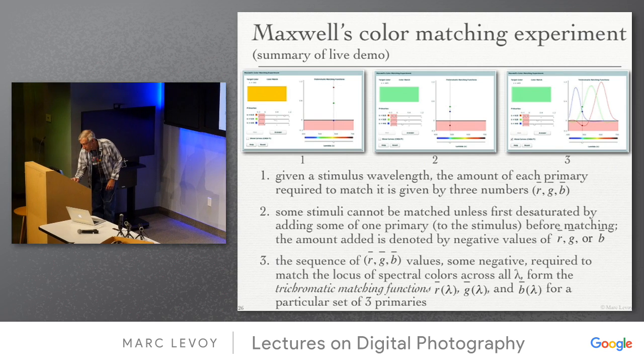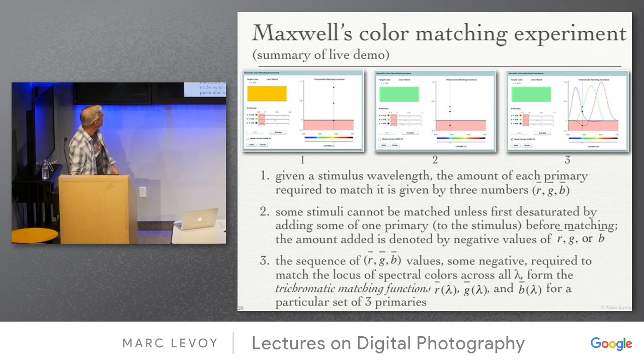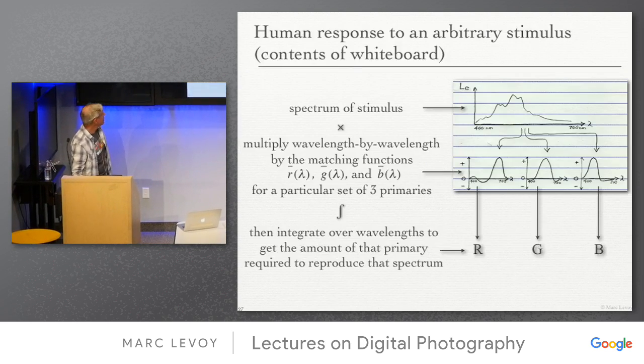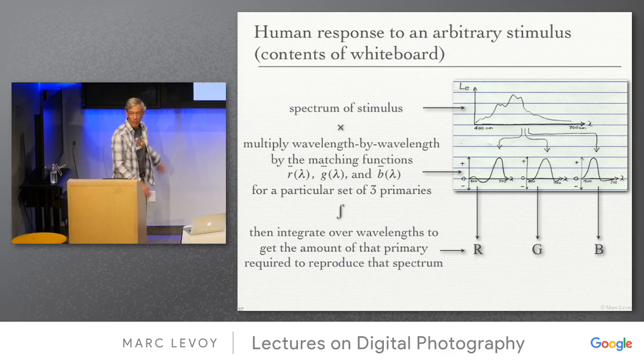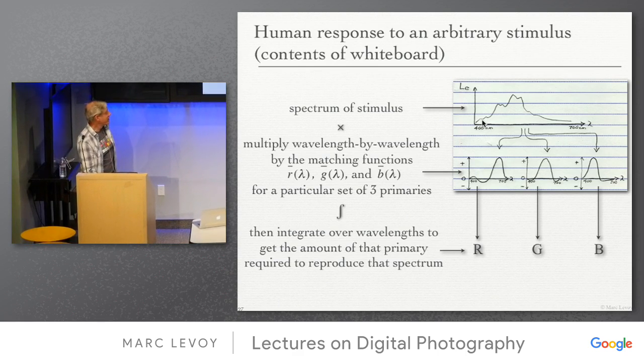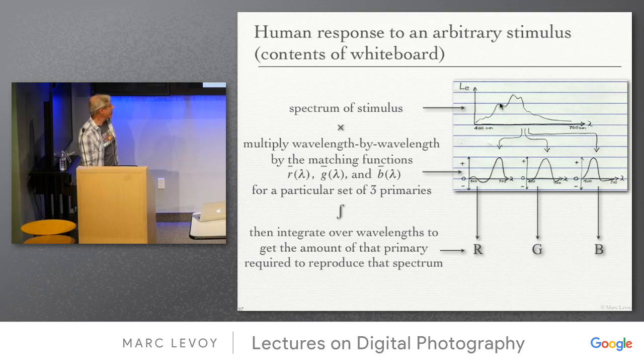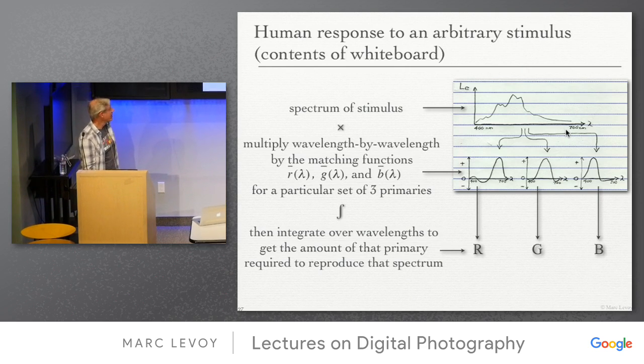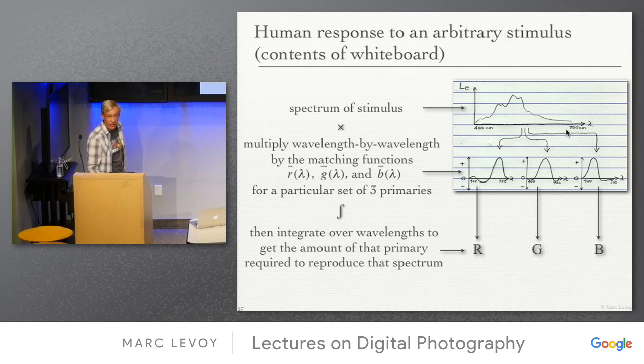And so we can think about this. I did a crude drawing that looked kind of like that one that I had earlier, drawn better, but this time with these matching functions. So you've got an input spectrum, and you'd like to match it using a particular set of primaries. You will take the matching functions for those primaries and multiply them at each wavelength and integrate.